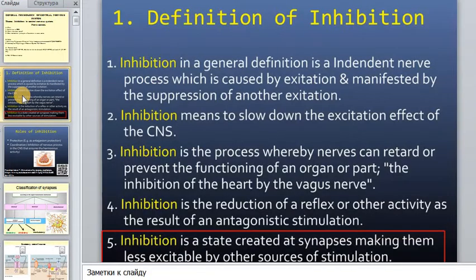And let's start. What is inhibition in general? In general, the definition of inhibition is a state created at synapses, making them less excitable by other sources of stimulation. Synaptic inhibition plays an important role in sculpting signals in the nervous system.